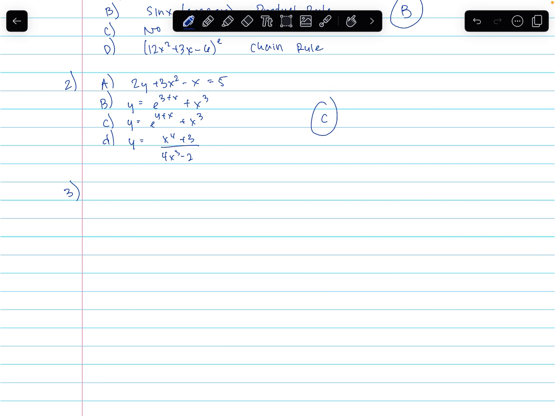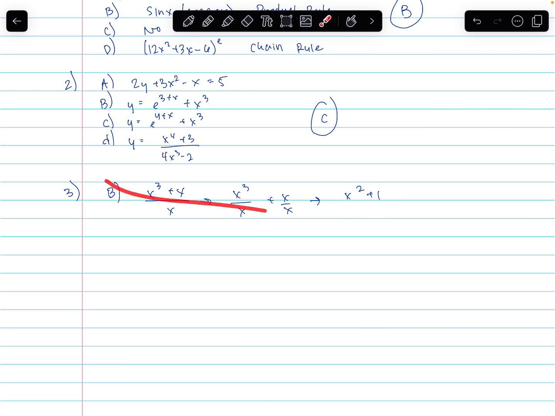For B, initially it might look like a quotient rule problem because you have x cubed plus x divided by x. But if you divide, that's equal to x to the third divided by x plus x divided by x, and that's going to be x squared plus 1. With algebraic manipulation, I don't need to use the quotient rule.